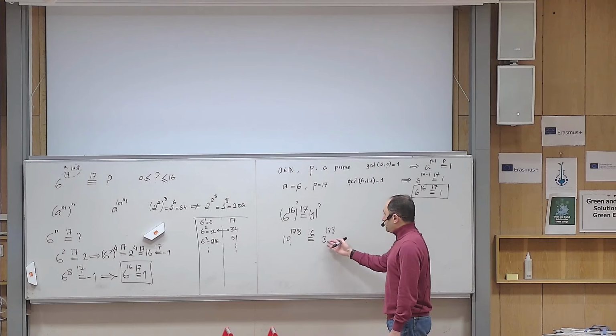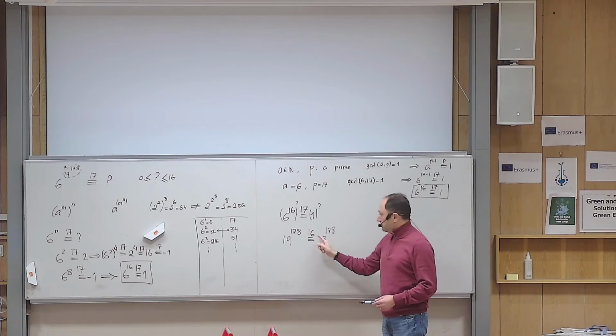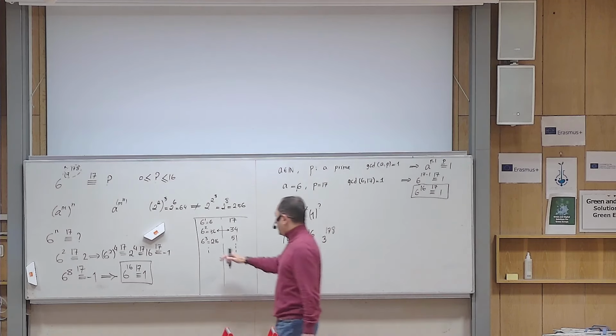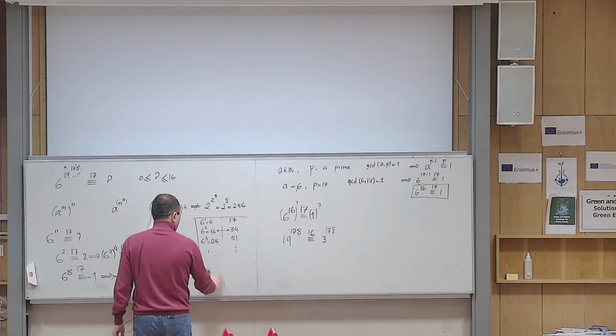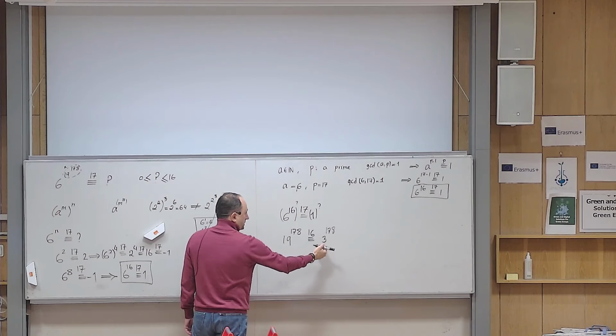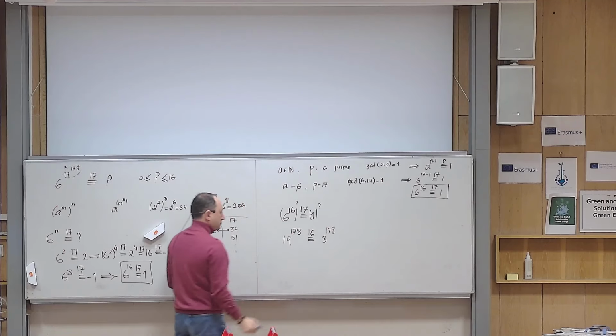Okay, but now can I have the ideal scenario? For example, you see that Fermat's little theorem is useless for this case, because now my modulus is 16, and 16 is not a prime number. So I have to somehow go back here. So I need to ask myself, is it possible that any power of 3 becomes 1 unit more or 1 unit less than a multiple of 16?